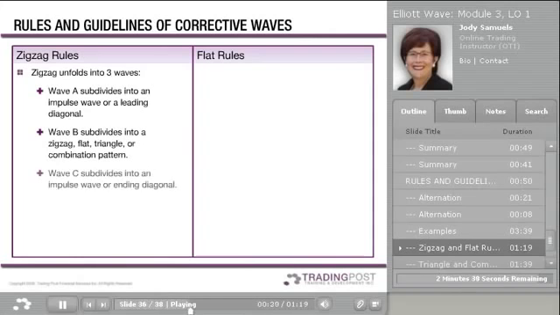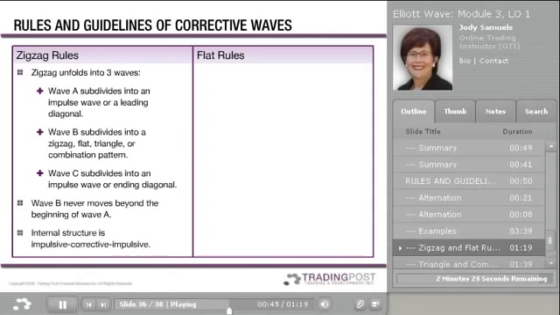Wave C subdivides into an impulse wave or ending diagonal. Wave B never moves beyond the beginning of wave A. The internal structure is impulsive, corrective, impulsive.